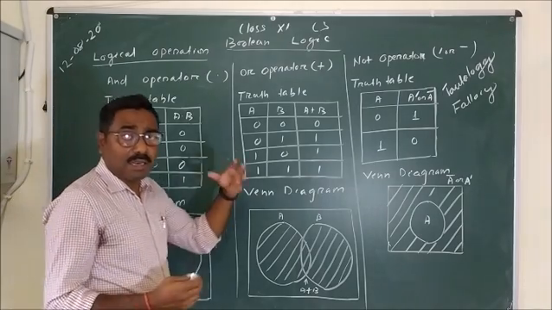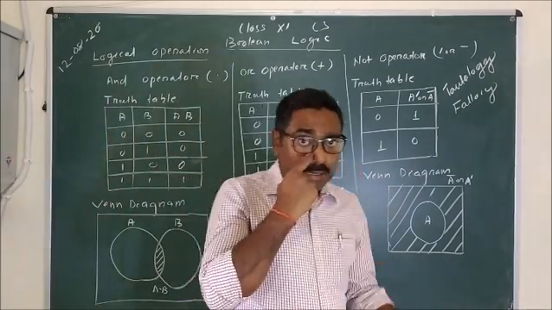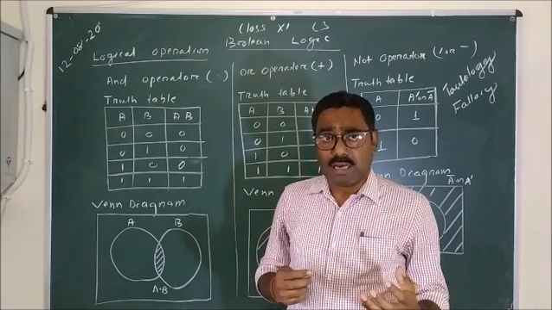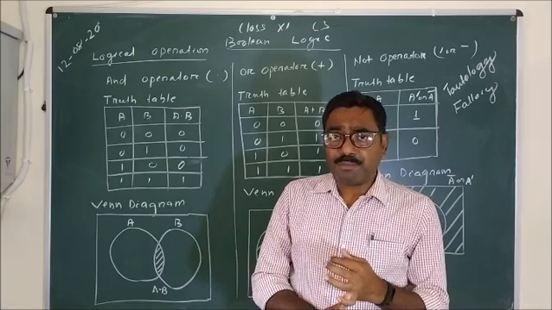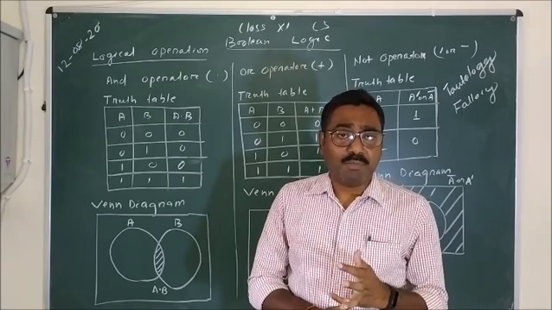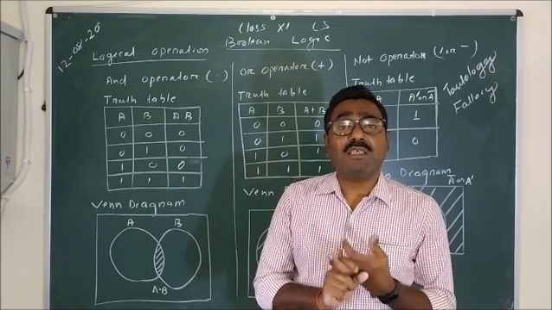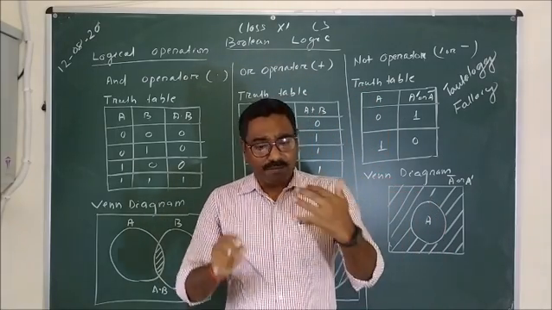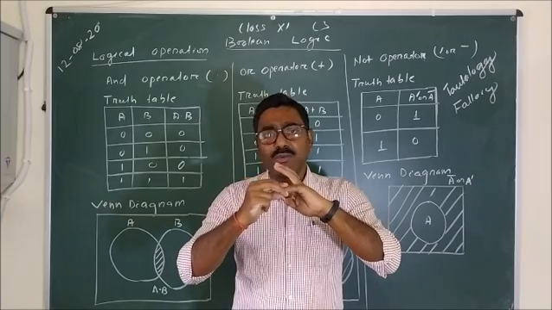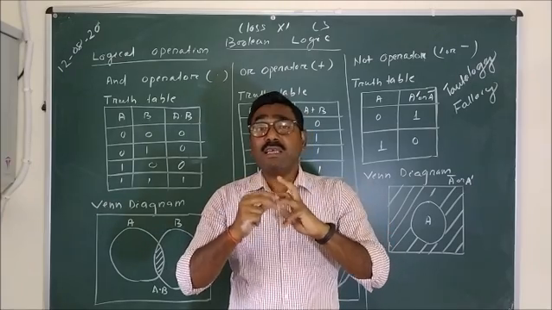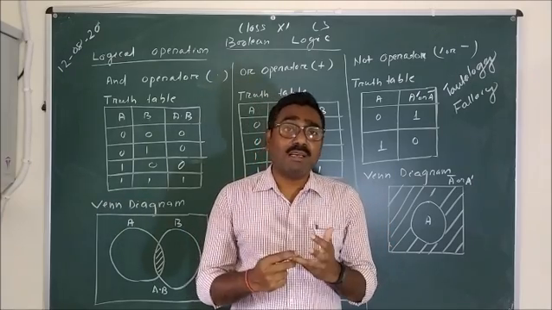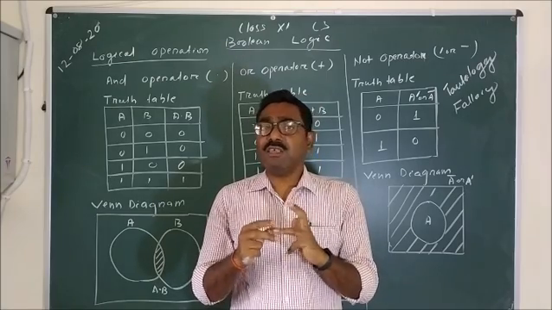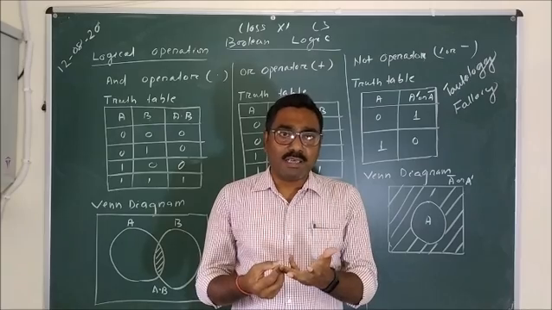As I told you in the last session, you might remember the two conditions: you want to drink tea, and the tea is prepared. If both conditions are true, then only will you get a true result. If you want to drink tea but the tea is not prepared, you cannot drink it.